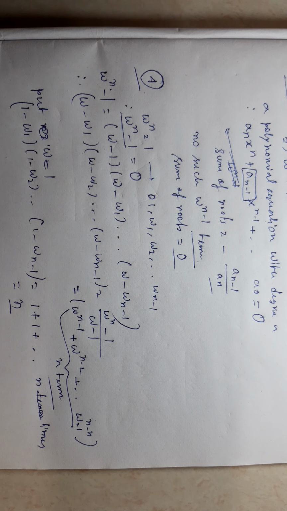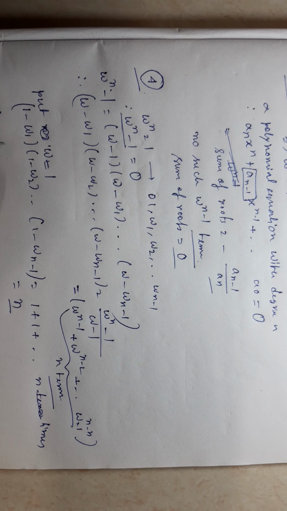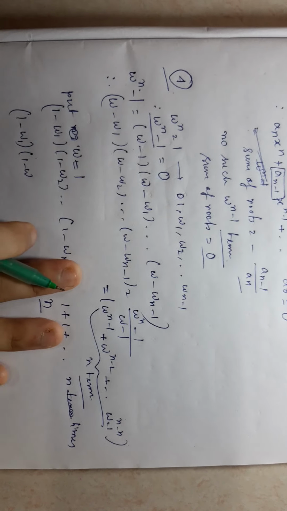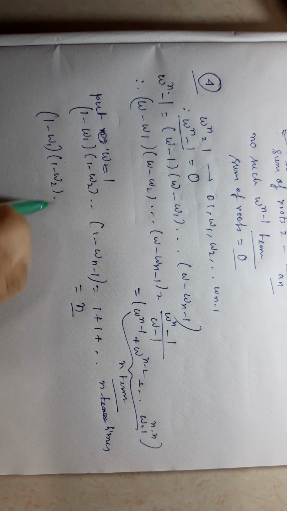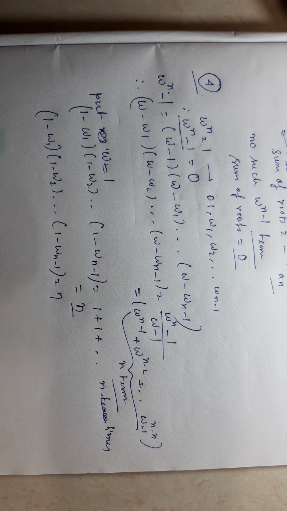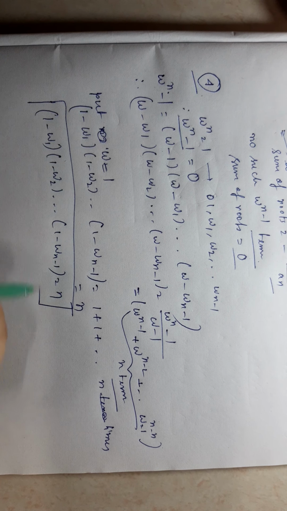So we get a very important property: (1 minus omega 1)(1 minus omega 2) dot dot dot (1 minus omega n minus 1) is equal to n. This is a very important property.